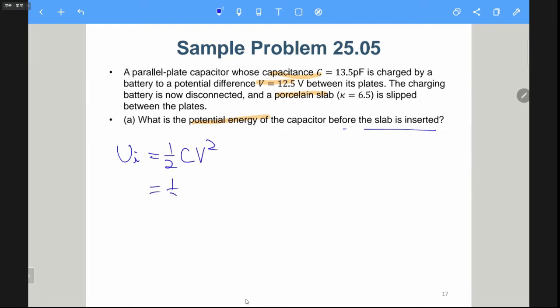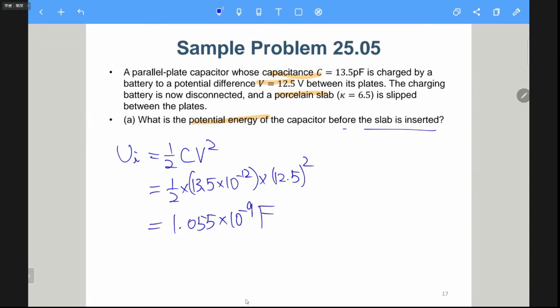Easy. 1/2 times 13.5 times 10 to the minus 12, and then times 12.5 quantity squared. So this is 1.055 times 10 to the minus 9 joule. Or maybe you can write it as 1.055 nanojoule.